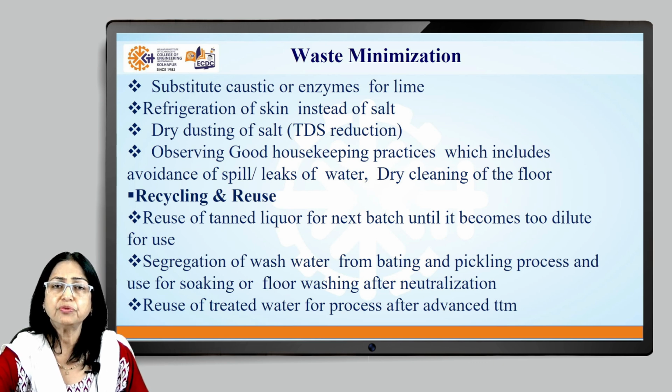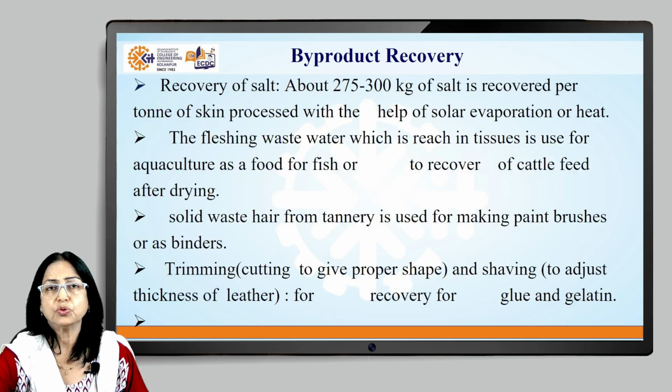Then segregation of wastewater from the bating and pickling process, and then you can use this wastewater stream for soaking of skin or floor washing after neutralization, and then reuse of treated wastewater in the process after advanced treatment. So these are some of the scope for waste minimization.